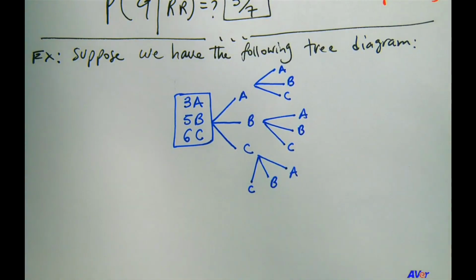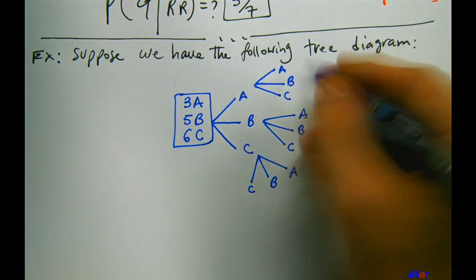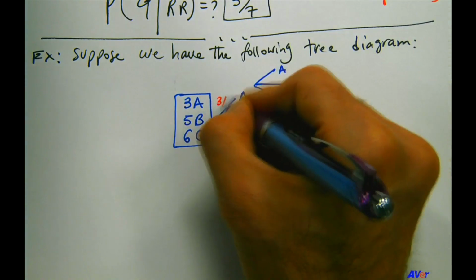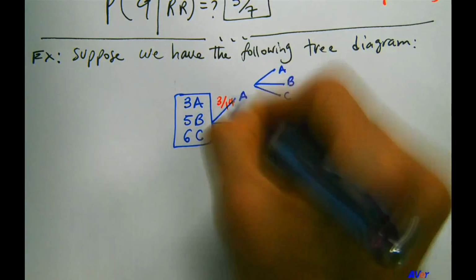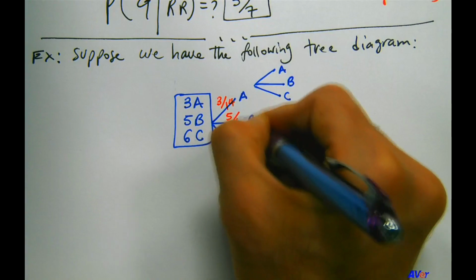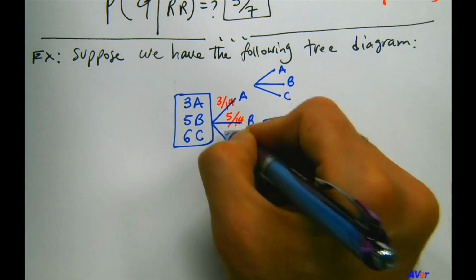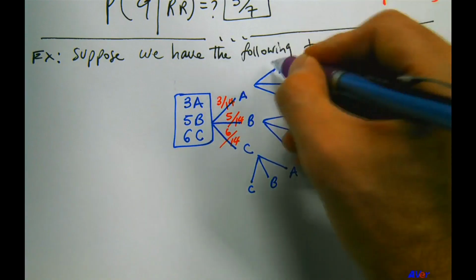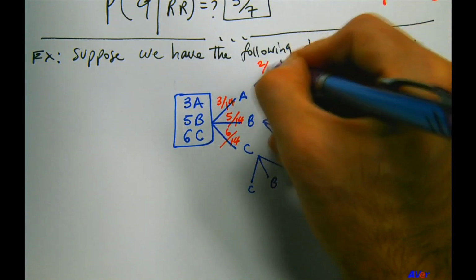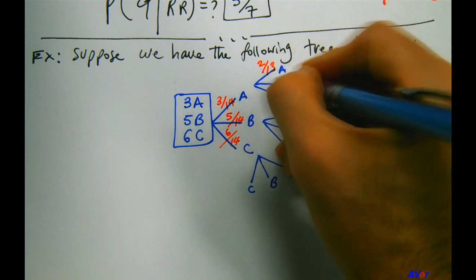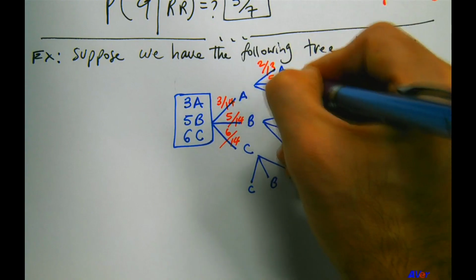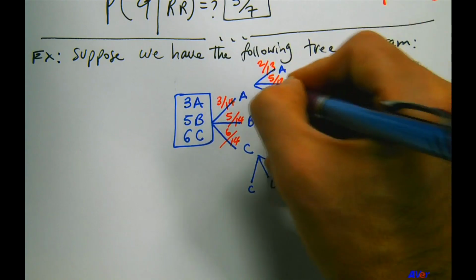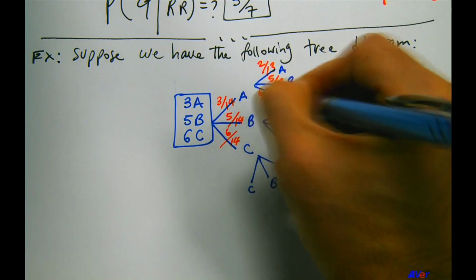C, and the probabilities are as follows. So we have 3 over 14, 5 over 14, 6 over 14. Here we have 2 over 13, 5 over 13, and 6 over 13.